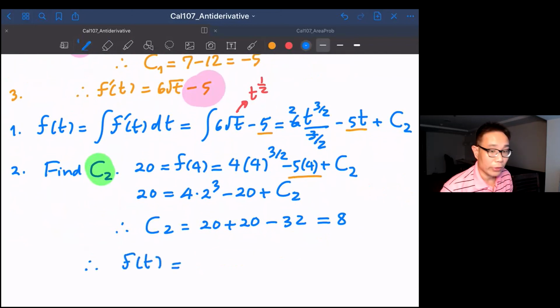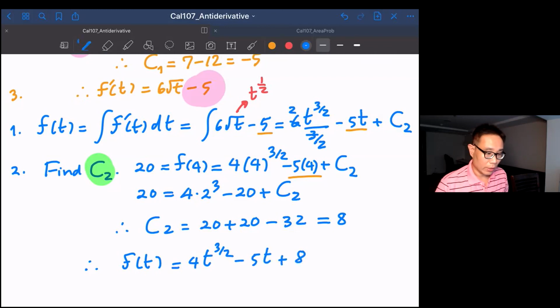So you get f(t) that you can recover equal to 4t to the 3 halves minus 5t plus 8 to be your final answer. This one will be your third step.